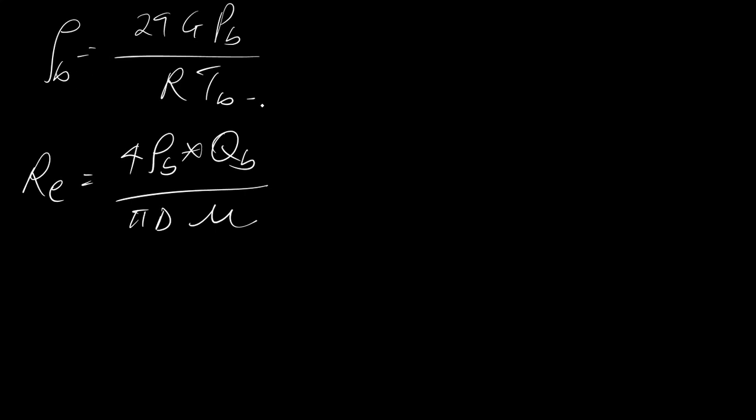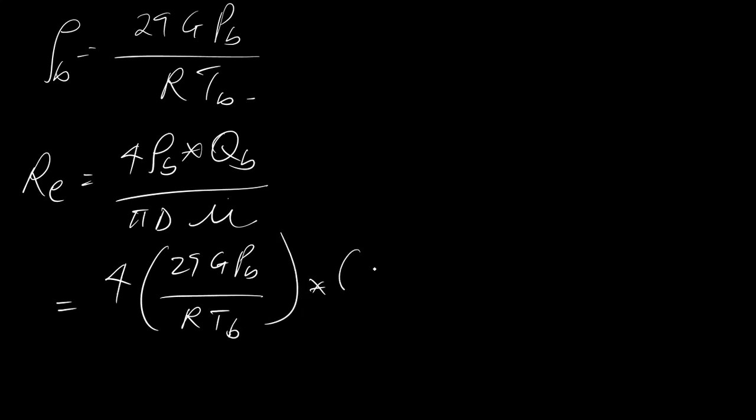Substituting this equation into this, you have 4 times the bracket of 29 gamma_g P_B divided by R T_B, times Q_B divided by pi d mu.